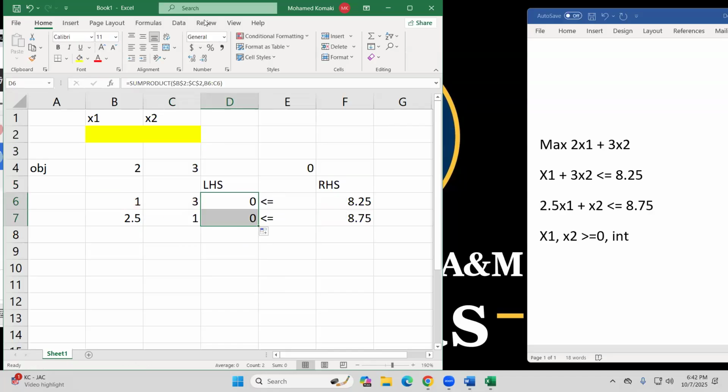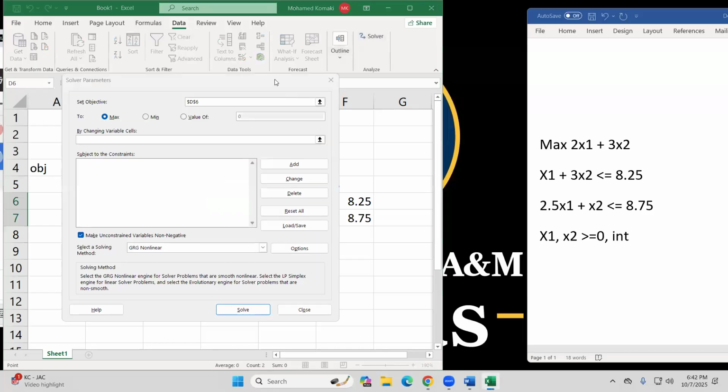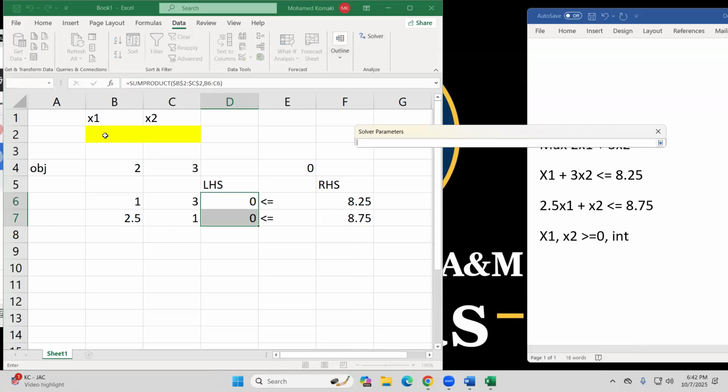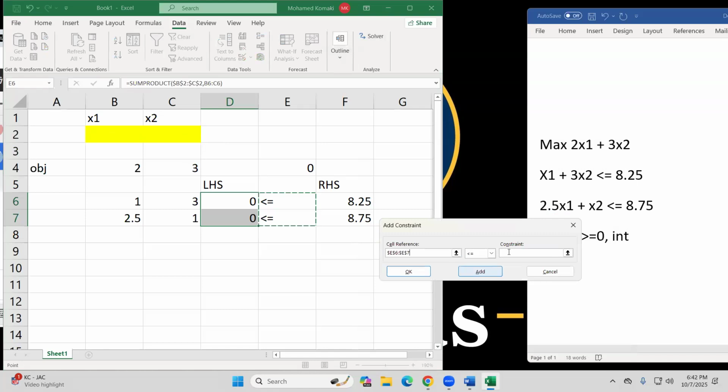Now, to implement this in the solver, everything is the same as the other linear programs that we have. Just at the end, when you add every constraint, for those decision variables that are integer, you have to say integer, right?